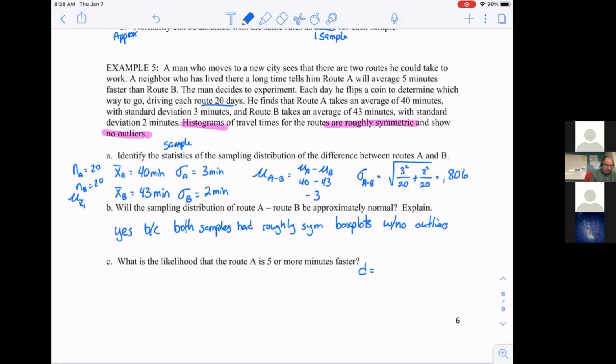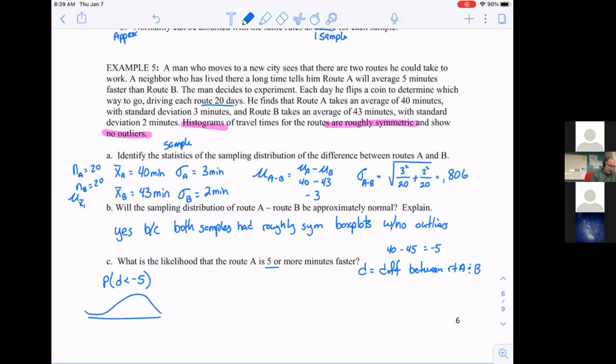D is going to be the difference between route A and route B. So, if route A is faster and we want it to be 5 minutes faster, my probability is going to be what is the likelihood that that difference is less than -5? For example, if A was 40, that means B would have to be 45. And so that means that we would expect a difference of -5. So that's what we're looking for.